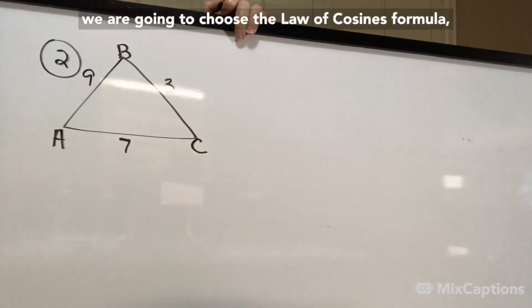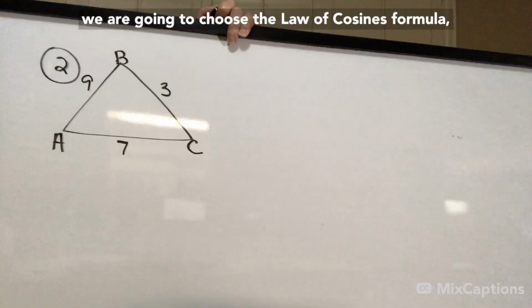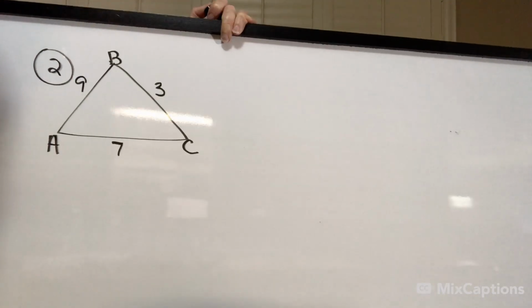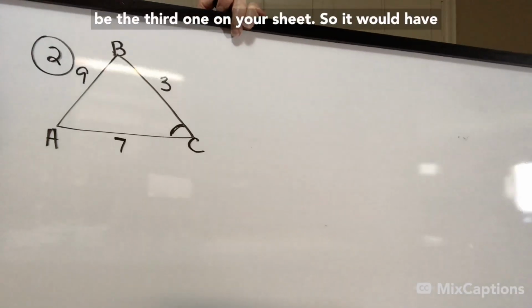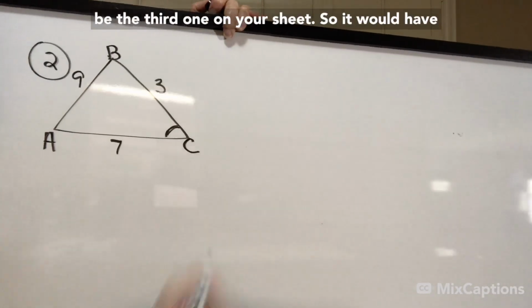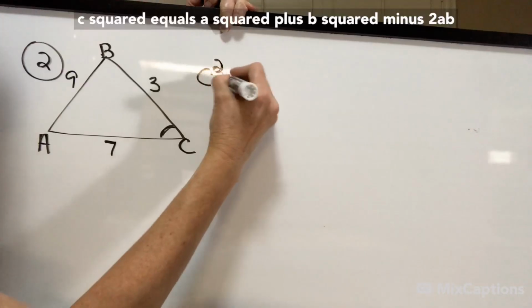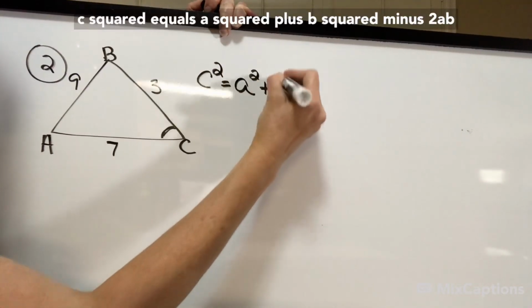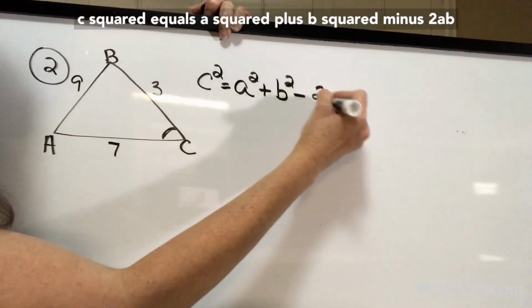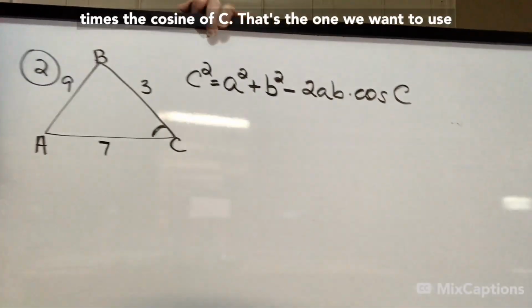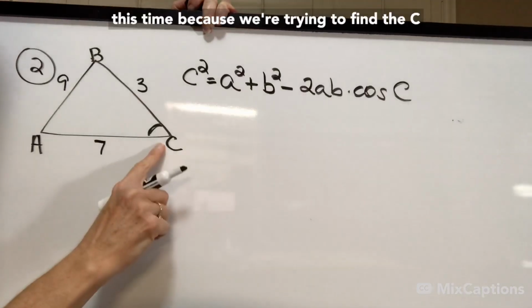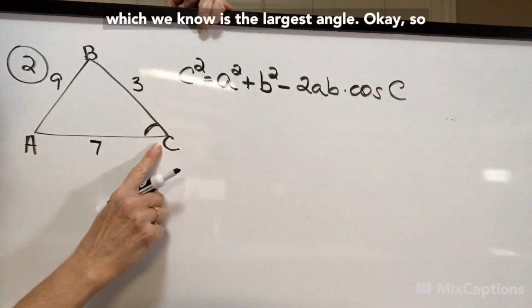So we are going to choose the Law of Cosines formula, the one that has the angle C in it. That would be the third one on your sheet: c squared equals a squared plus b squared minus 2ab times the cosine of C. That's the one we want to use this time because we're trying to find C, which we know is the largest angle.